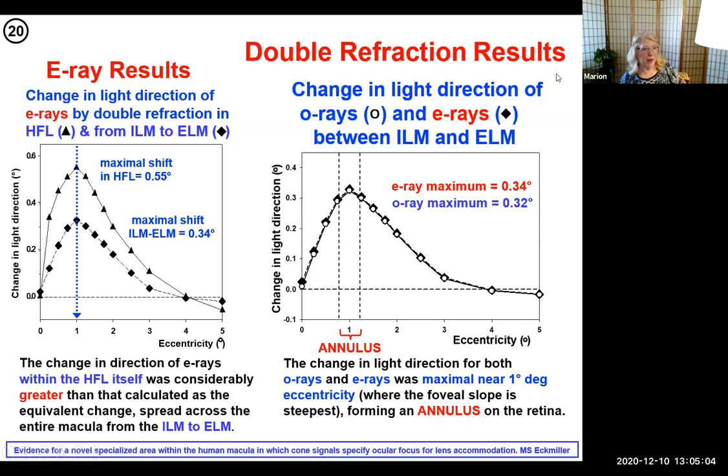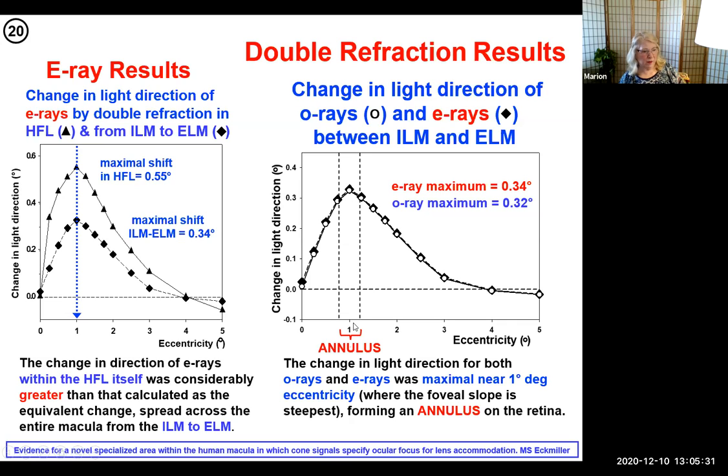So when we compare the E-rays and the O-rays and put them together on the same graph, we see on the right that the O-rays and the E-ray change in light direction are hardly different from one another, but they're both maximal at a 1 degree eccentricity.